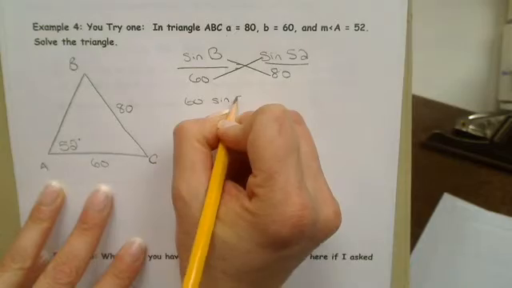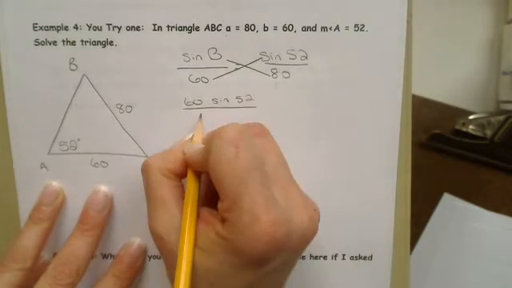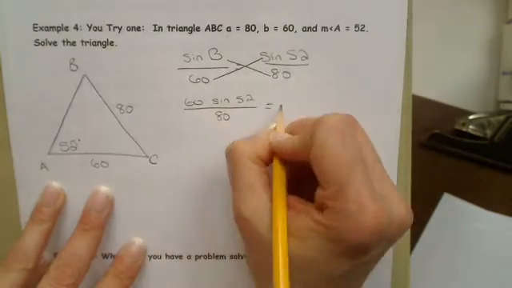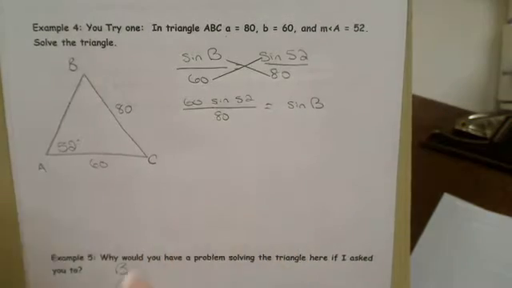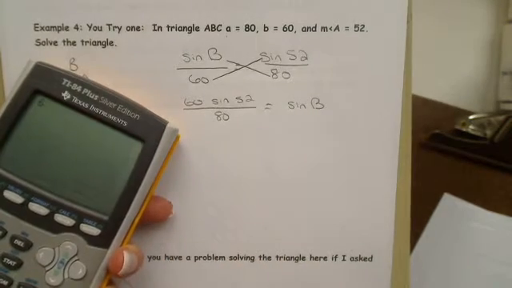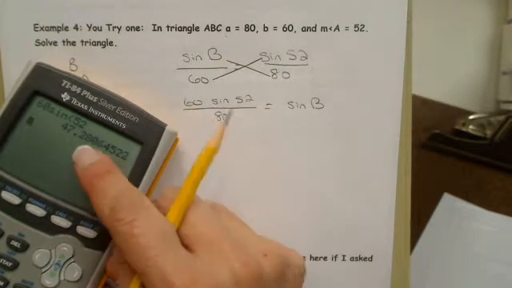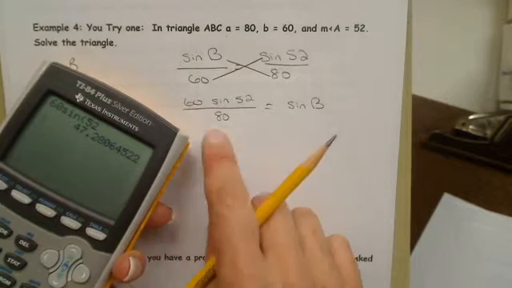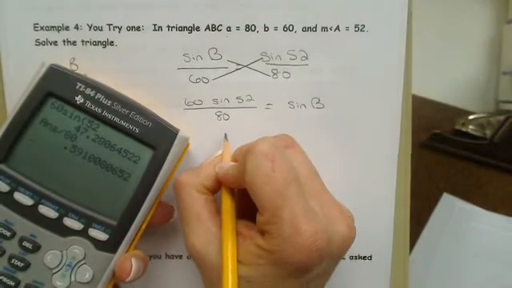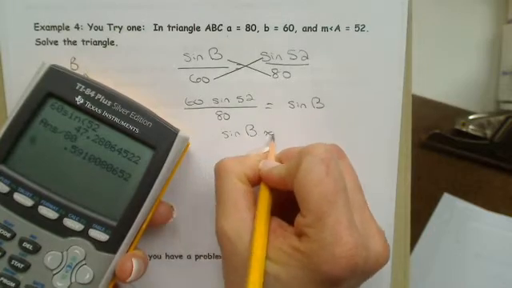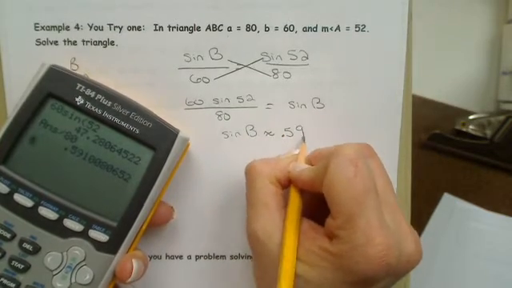60 sine 52 over 80 will give us the sine of angle B. 60 sine of 52, that's 47.28 about. I'm going to divide that by 80, and I get that sine of angle B is approximately 0.5910.